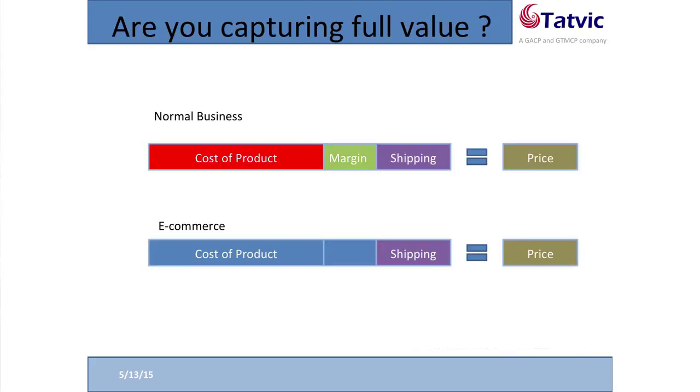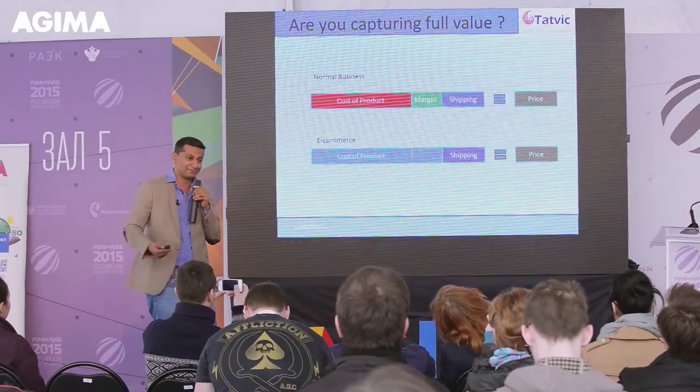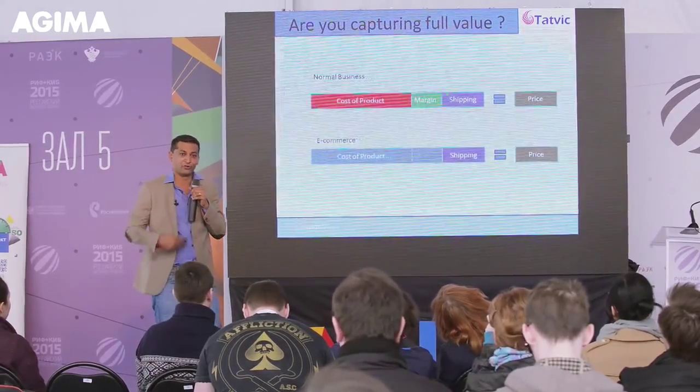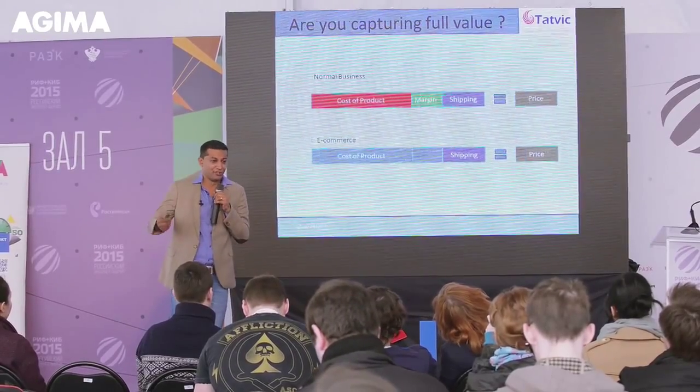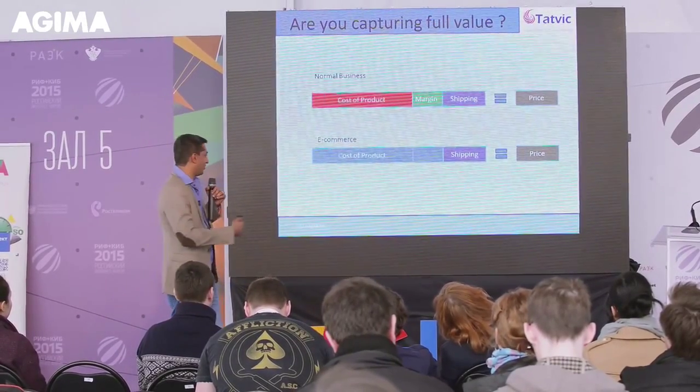A typical way a normal business would price a product is, you have a cost of product and margin and shipping, and then everything is added to the price. In e-commerce, you probably leave margin. You want to grow. You want to increase your revenue. So you probably let go of margin as well.